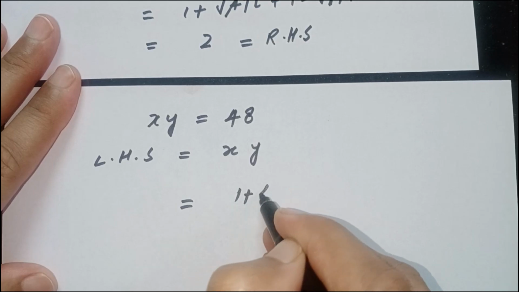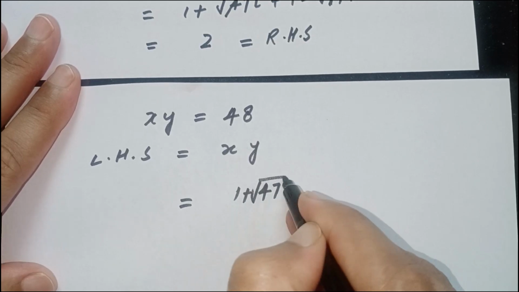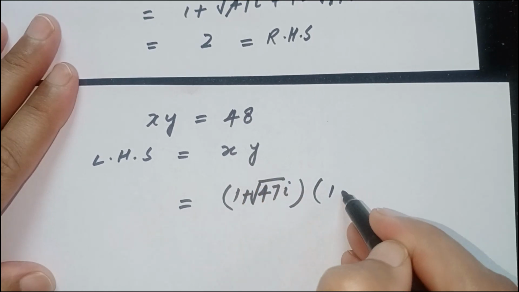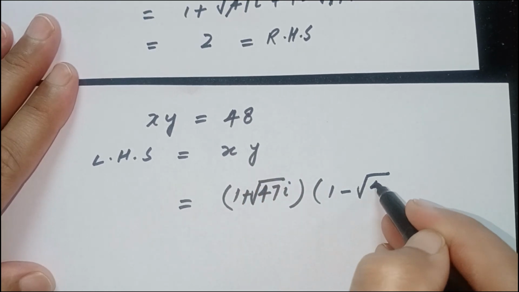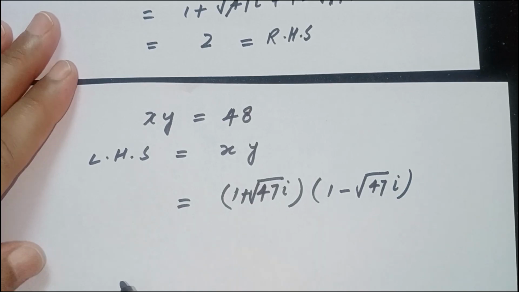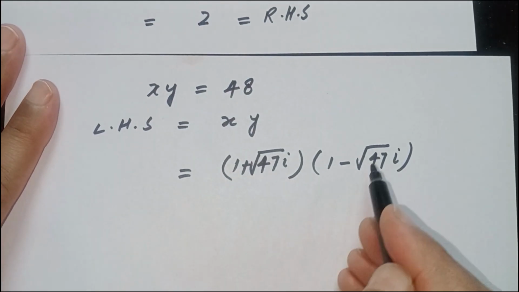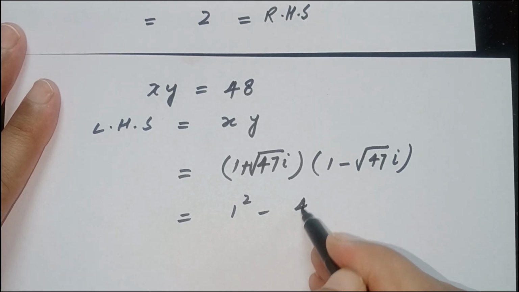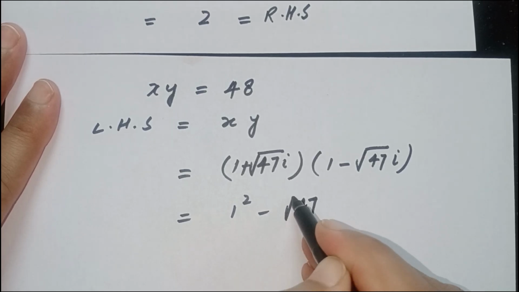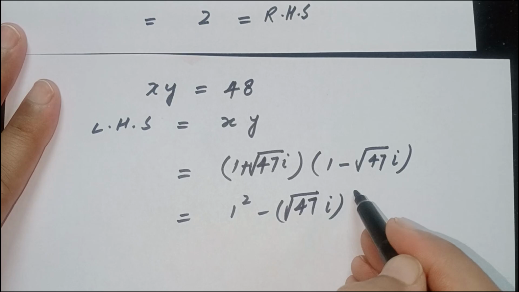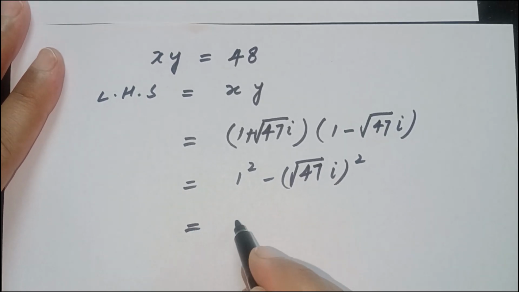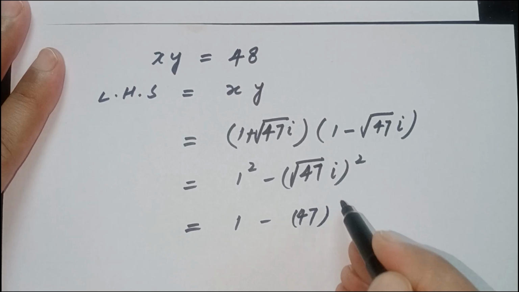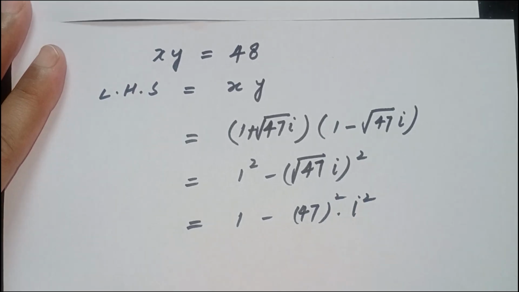So the value of x is 1 plus square root 47 I, and the value of y is 1 minus square root 47 I. Now it is in the form of a square minus b square. We can write it as 1 square minus (square root 47 I) whole square.